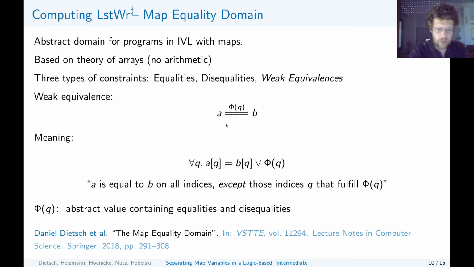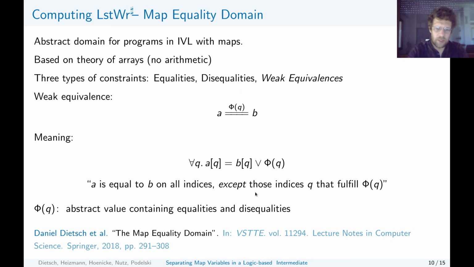Now, a weak equivalence essentially states that two maps A and B are equal on all their indices, except for a set of indices which is given by this predicate Q. So as a formula, the meaning of this relation is that for all indices Q, A and B are equal at Q, or this predicate for Q holds.